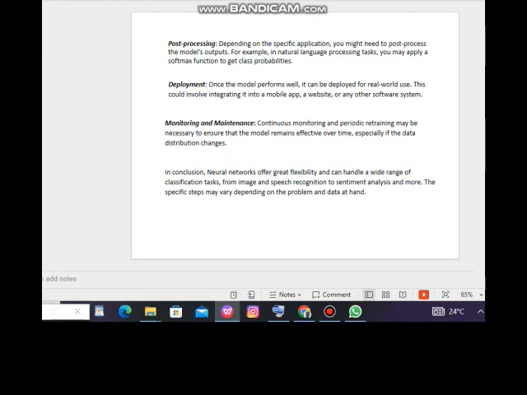Post-processing. Depending on the specific application, you might need to post-process the model's outputs. For example, in natural language processing tasks, you may apply a softmax function to get class probabilities.